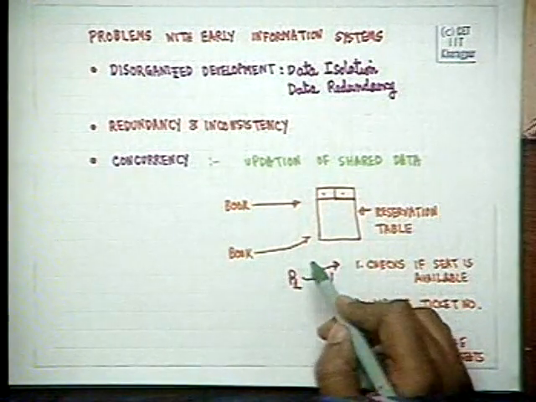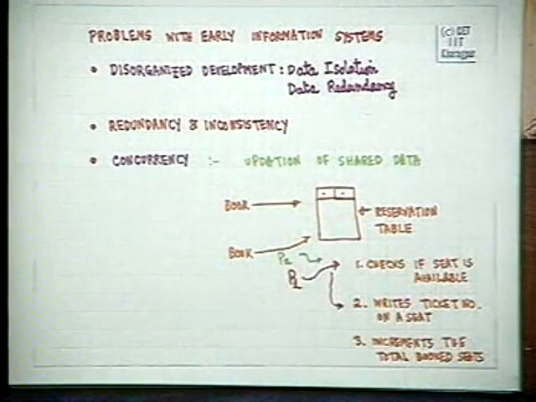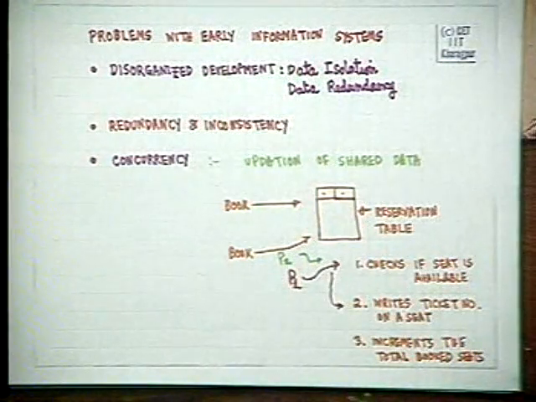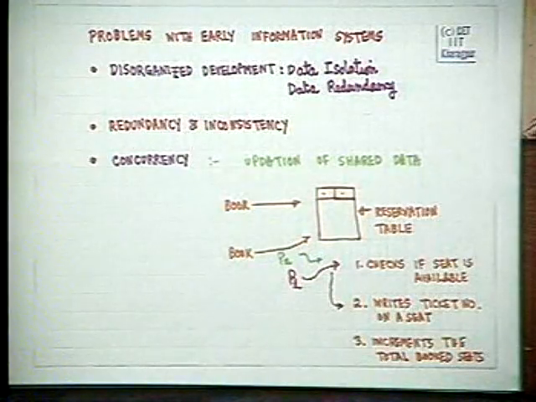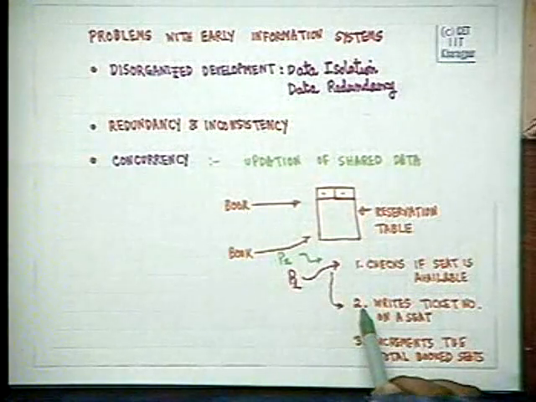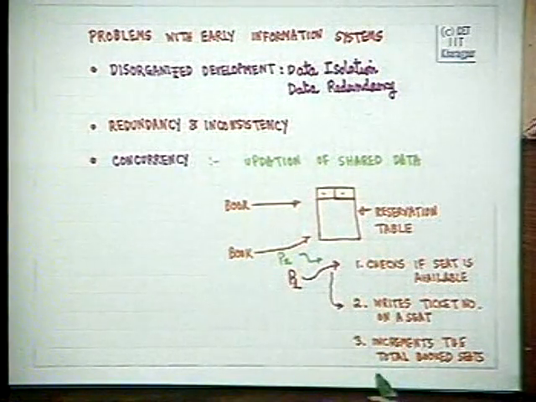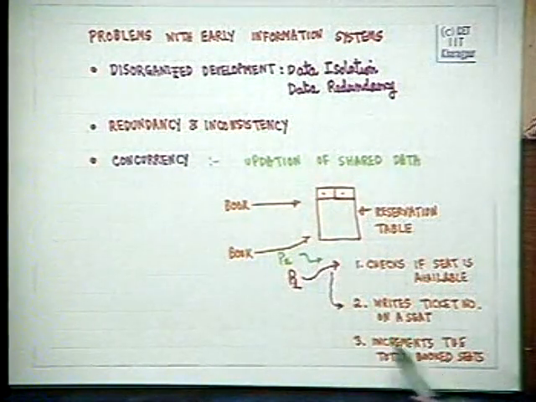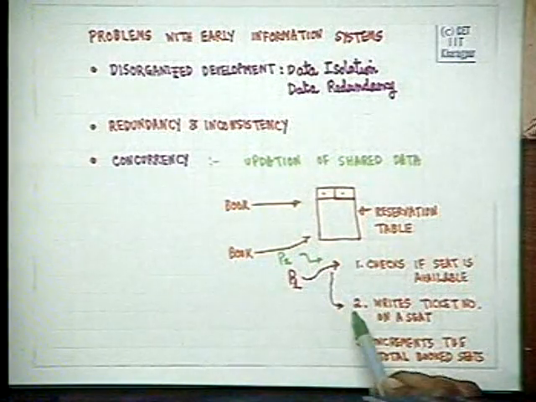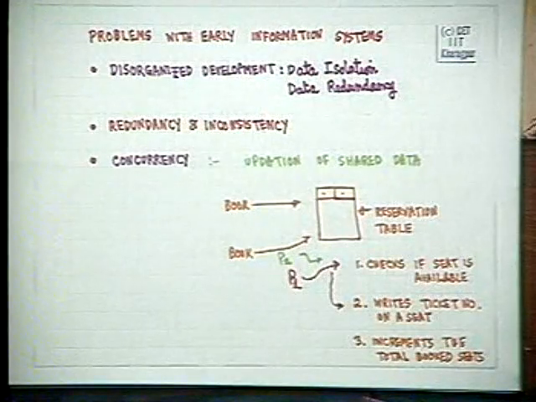P2 comes and checks. Suppose, I'll give you a simple argument, suppose there is only one seat available. P2 comes and checks and sees what seat is there. So P2 checks seat is available and writes his ticket number, and his time is such that in that whole period of time he writes his ticket number, increments the total number of seats booked and goes away.